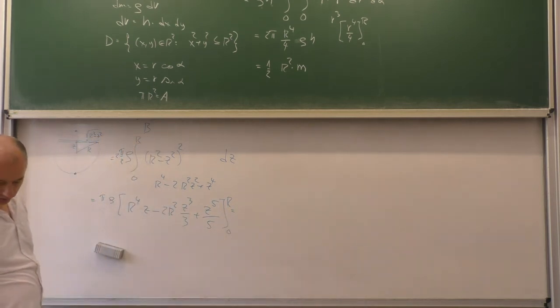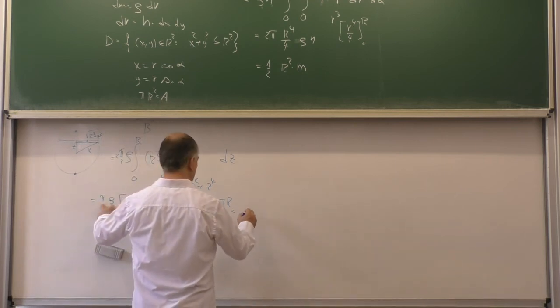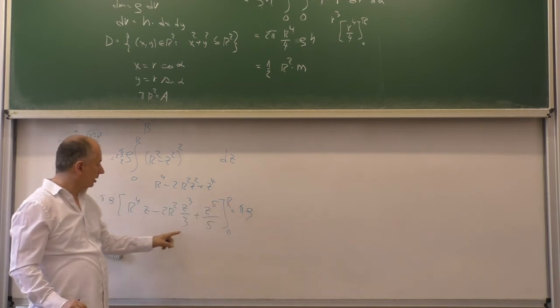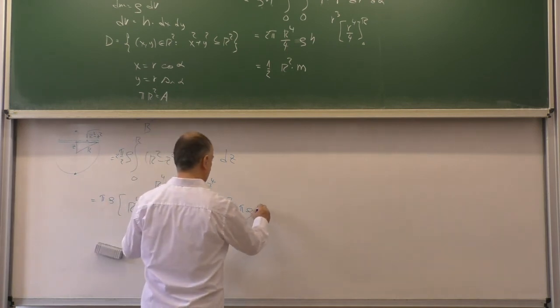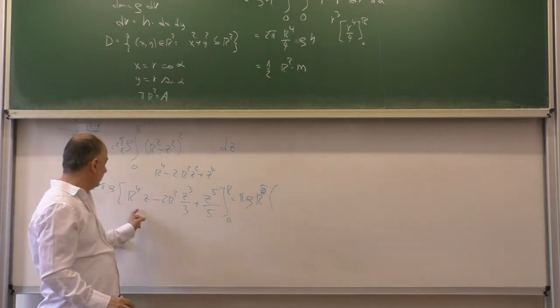Let me check it. Yeah. So we have pi rho, and we can factor out, if z is R, then in each term we have R to the 5, so we can factor out R to the 5, and when z is 0, each term is 0.